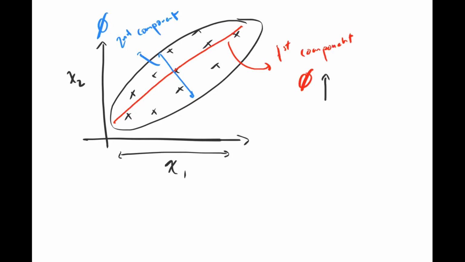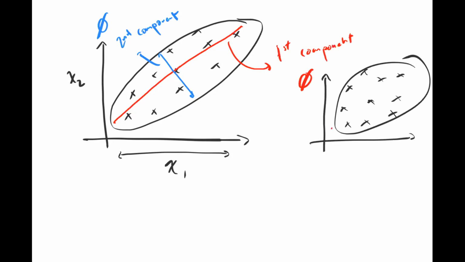You could have data that's more sort of spread out, in which case you may have a cluster of points like this, and your principal components might look something like this.